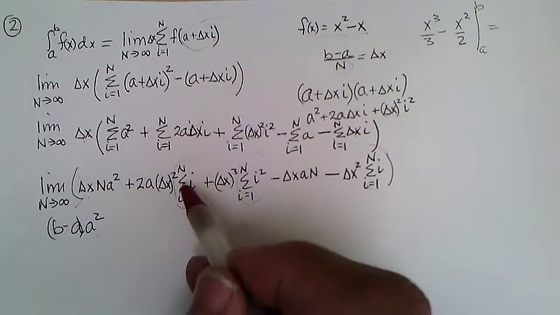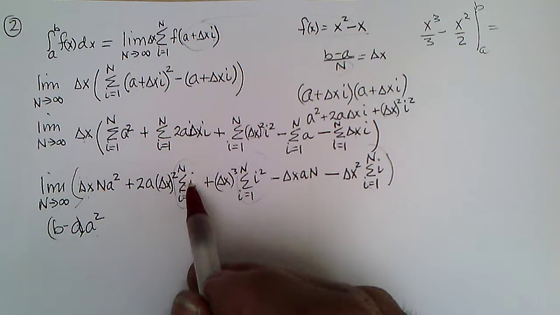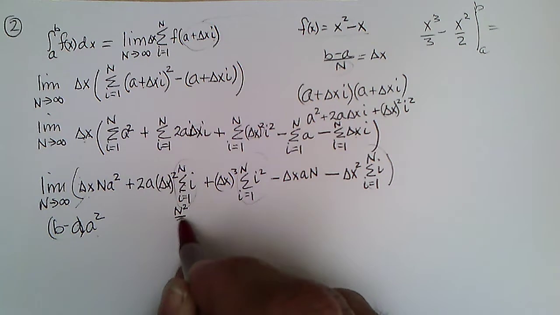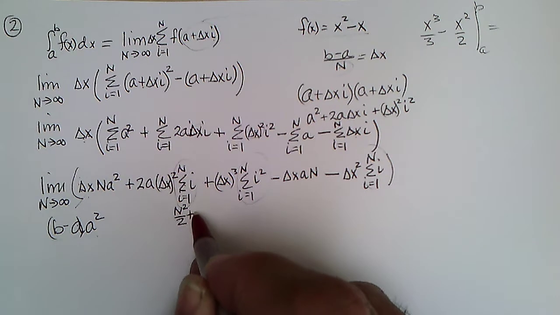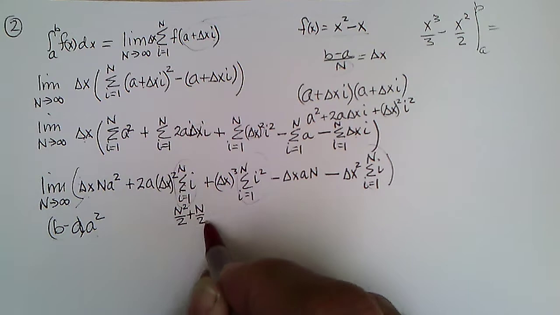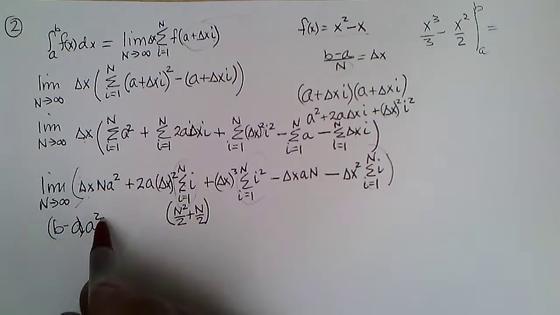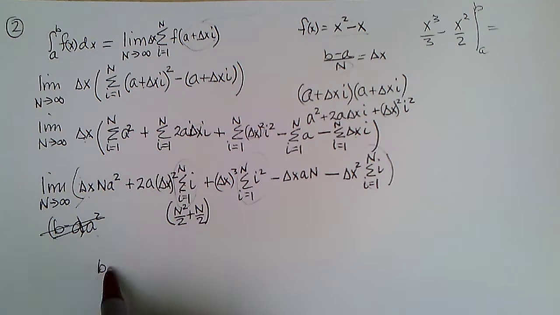Now, this thing, the sum of this is n squared over 2 plus n over 2. I probably should have done one more step here, but let me see if I can get this. I'm going to move this down. b minus a times a squared.